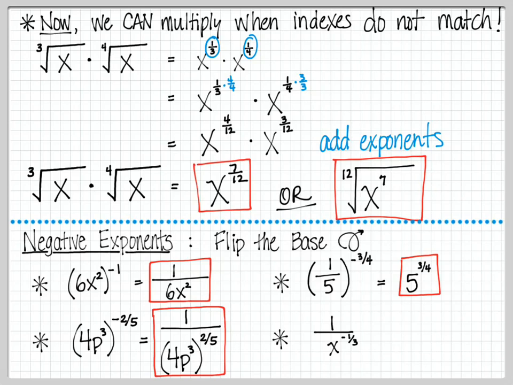That x would be flipped, but the whole thing is flipped again, and it becomes x to the positive. That's incorrect. It should say, hold on just a minute. There we go. It's x to the +1/3 instead of x to the -1/3, and that is the final answer for that. We will go over more of these examples in class and have a lot more practice in class with them as well.